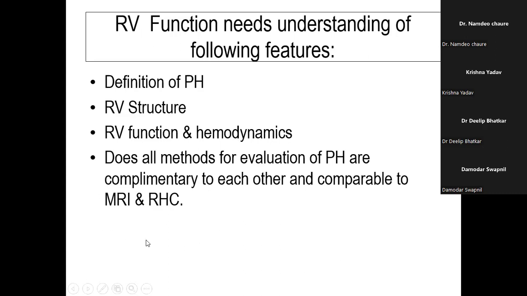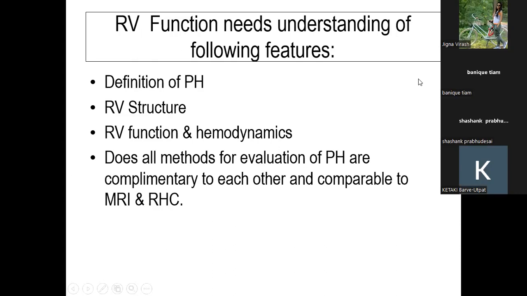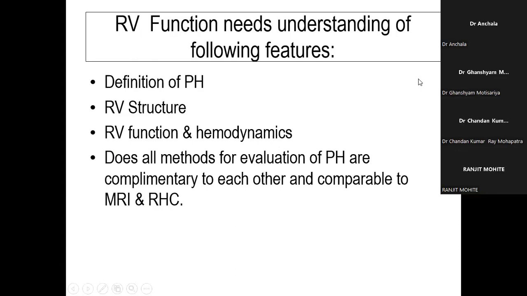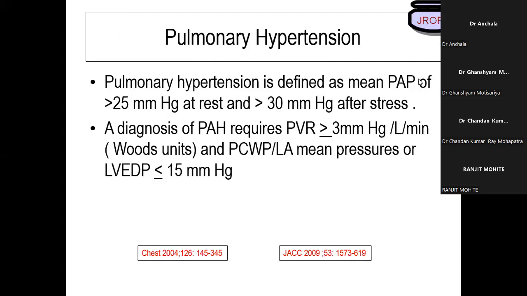But MRI and right heart catheterization are the gold standard for their evaluations. That's the most important thing which you must understand. If we have a doubt, obviously we go ahead and look at right heart catheterization and MRI for further evaluation.